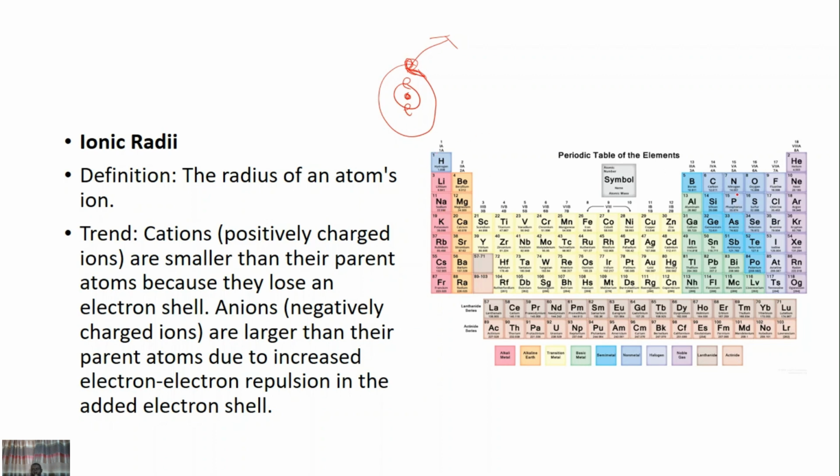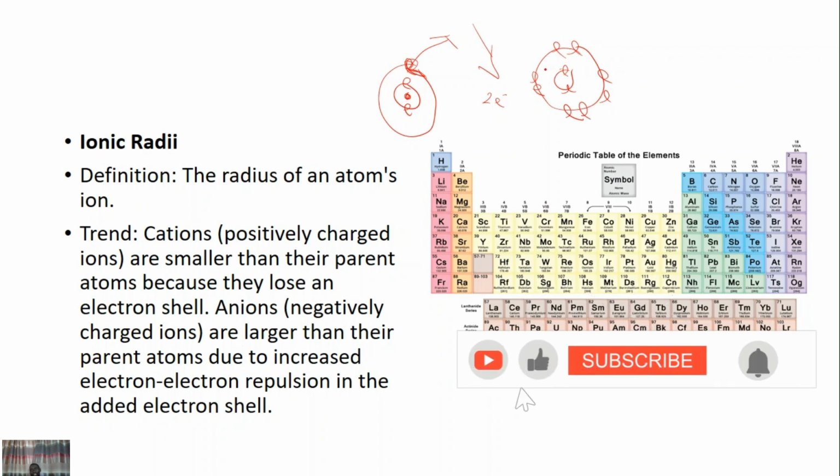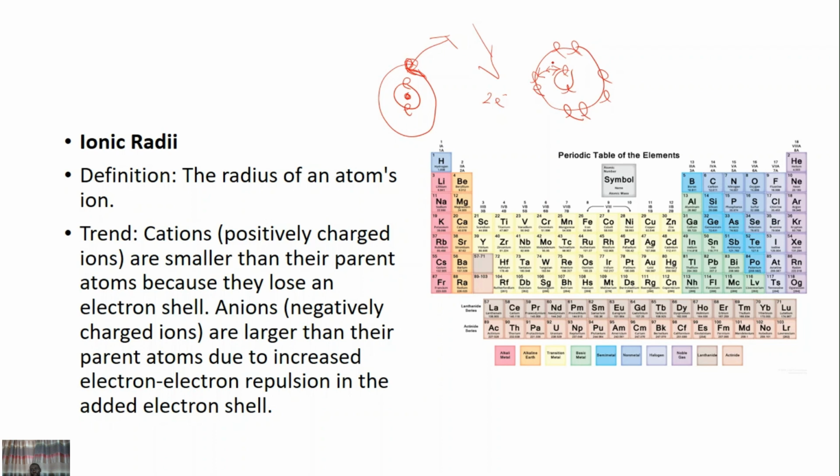For example, let's look at oxygen. Oxygen has six electrons in the outermost shell, right? And it wants to gain two more electrons. When those two electrons come, because of the increased number of electrons, the repulsion force between the electrons becomes more and they push this shell further.